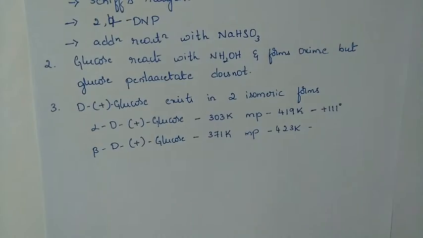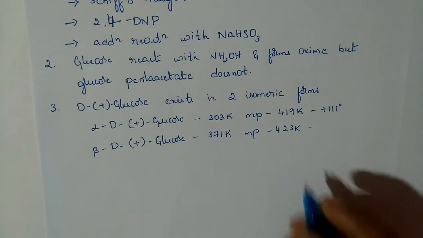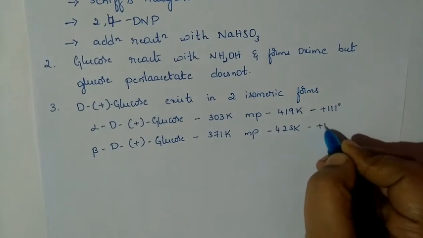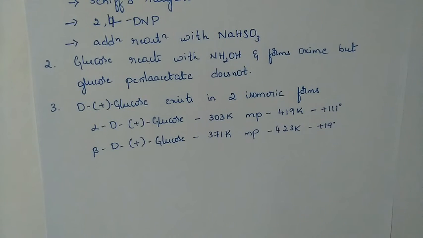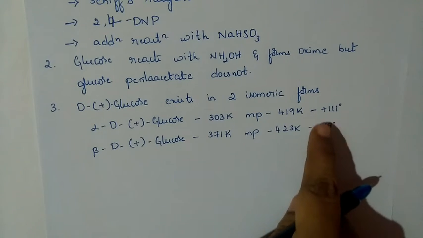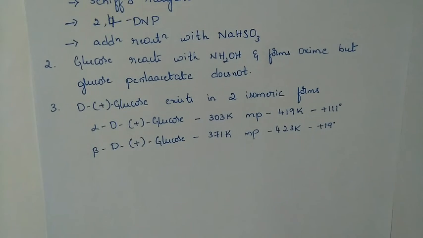If the specific rotation of beta D glucose is considered, it is plus 19 degree. This plus sign indicates the right side. If the degrees are negative, then it will be towards the left side. I hope it is clear.